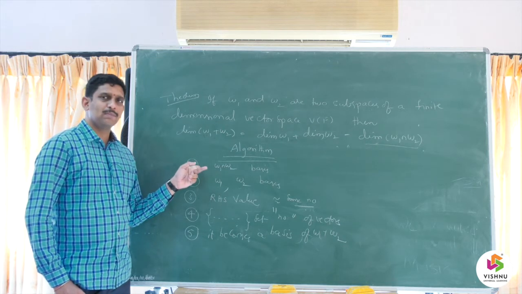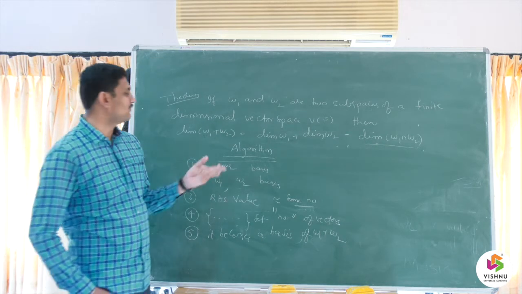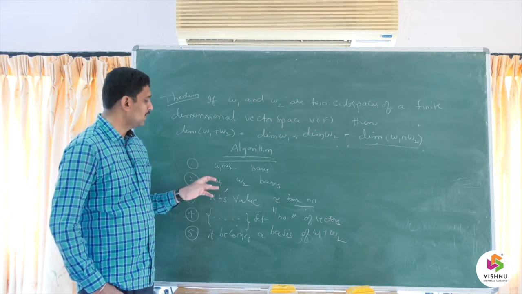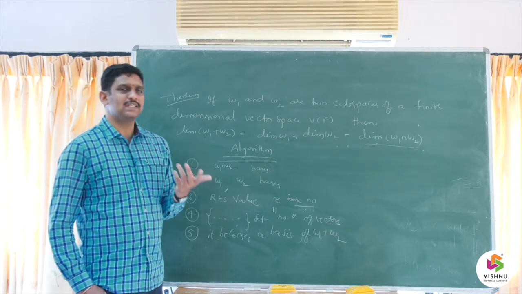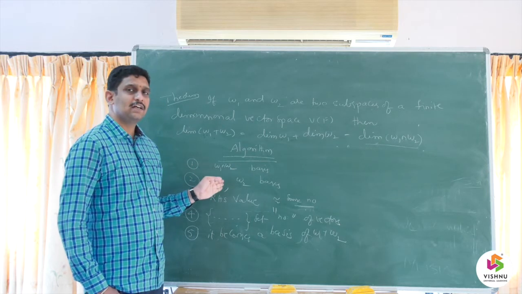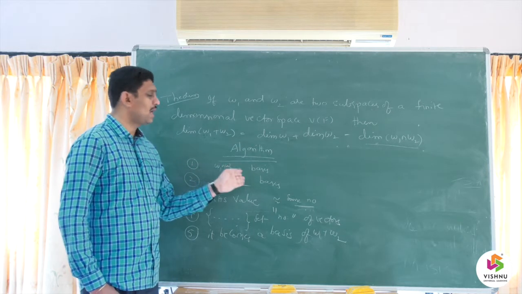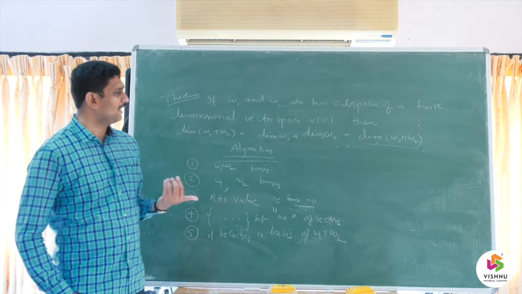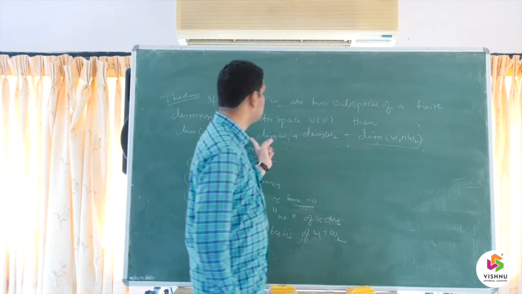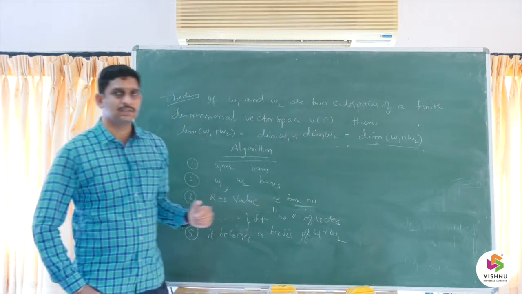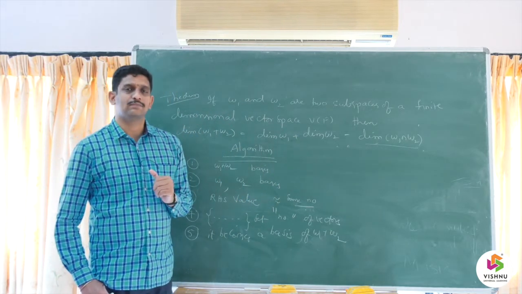What is the first step? I will take a basis for the intersection. What is the second step? I will construct a basis for the subspace W1 and the subspace W2. Then substituting the values in the RHS, I will get some number.